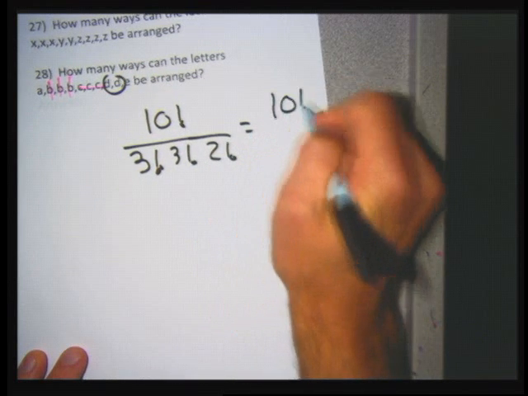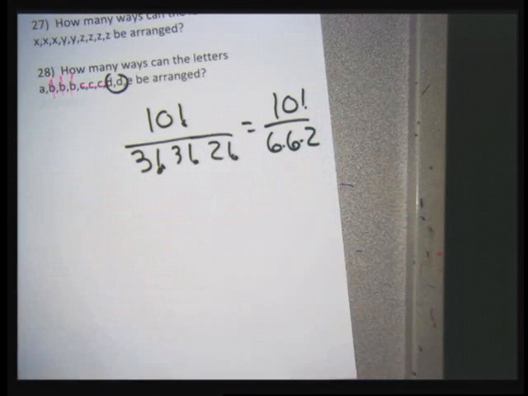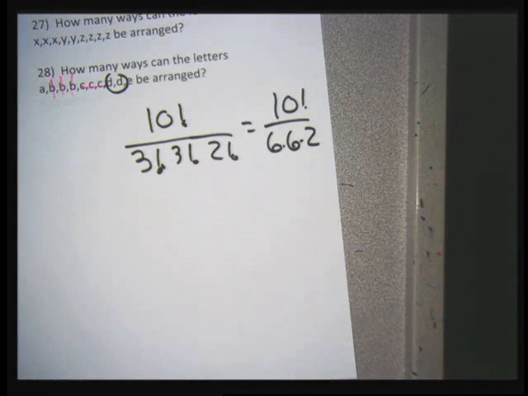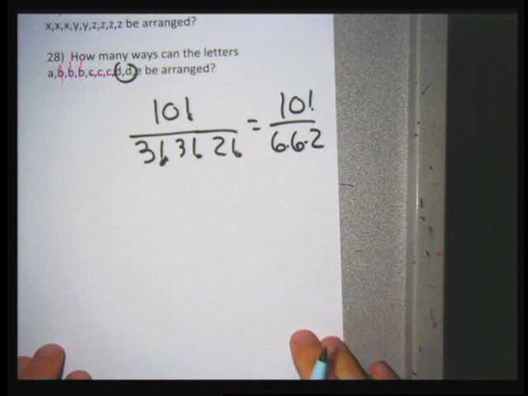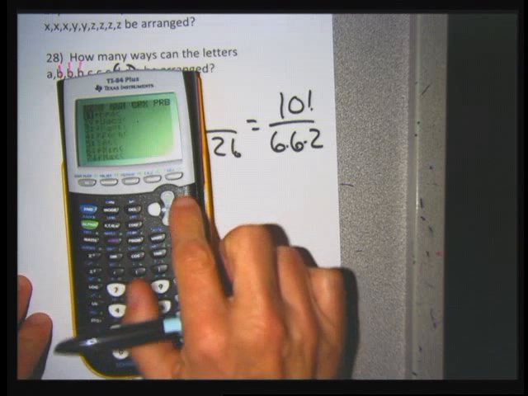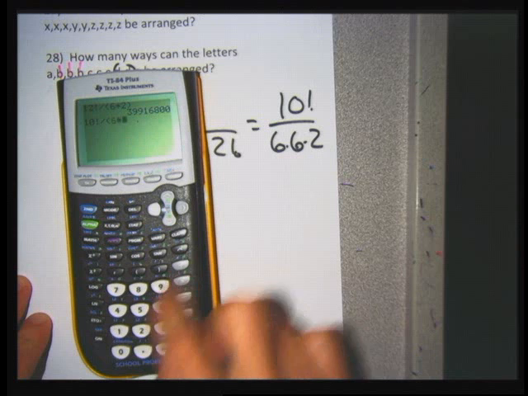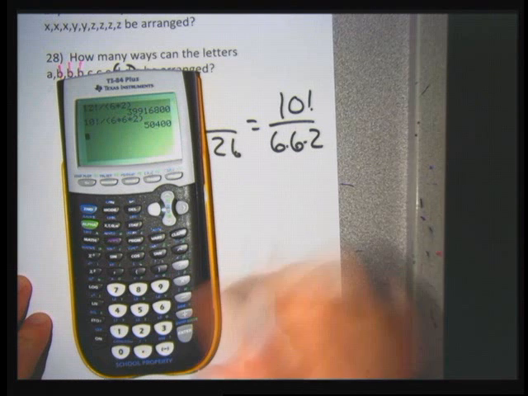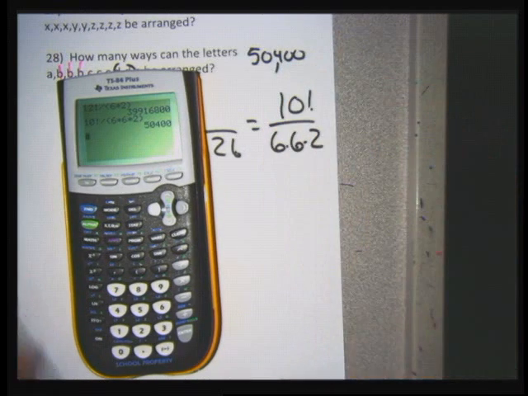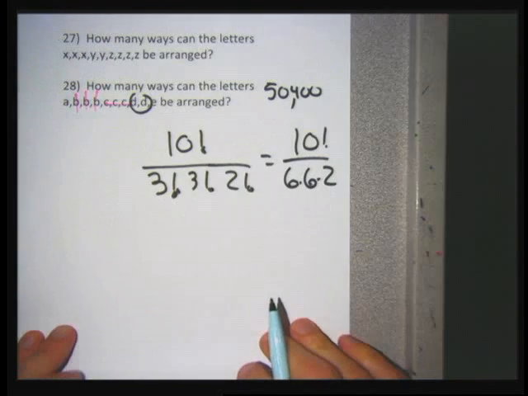So that's 10 factorial over 6 times 2, because 3 factorial is 6 and 2 factorial is 2. So on the calculator, 10, math, probability, factorial, divided by parentheses, 6 times 2, and this gives me 50,400 different ways those letters can be rearranged. So your problem's essentially the same.